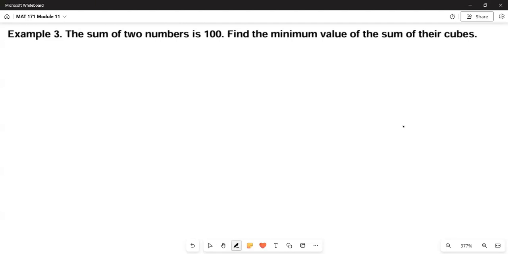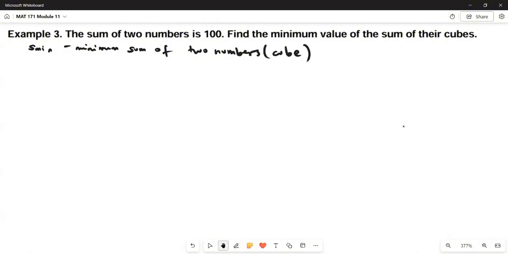Kailangan natin ng minimum value. Find the minimum value of their sum. So yung sum na minimum ang kailangan natin. So S min. Sabihin natin yan yung minimum sum of two numbers cube. Lagyan na lang pag naka-cube.